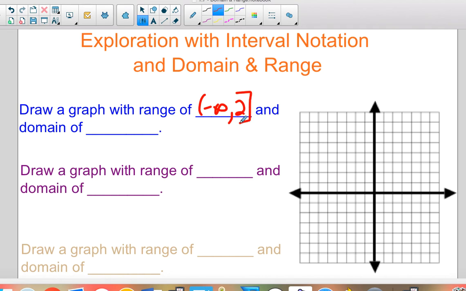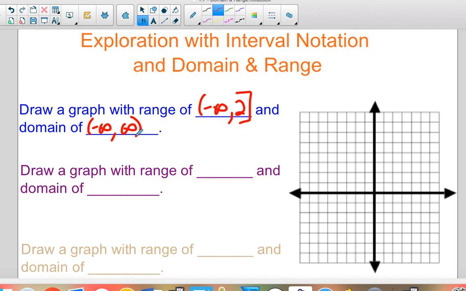And then a domain of -infinity to, let's say, infinity, right? Which is basically saying everything goes. -infinity to infinity means everything is included. Everything from the lowest number possible, -infinity, to the highest number possible, infinity. So it's another way of saying all real numbers.